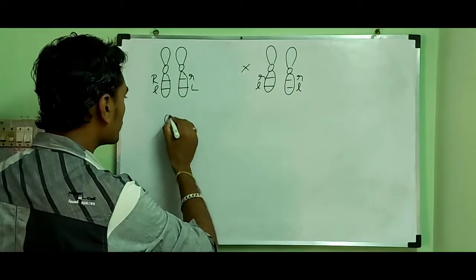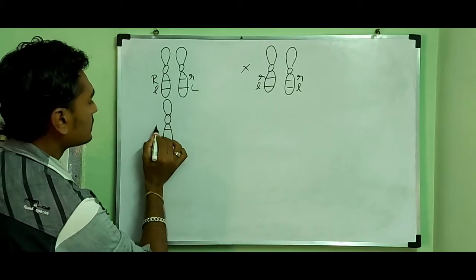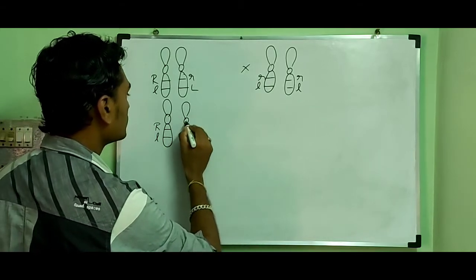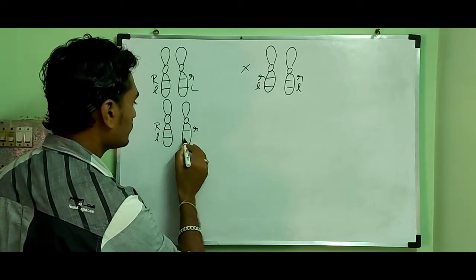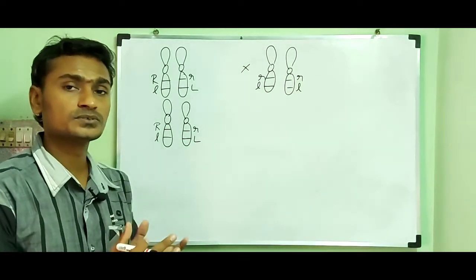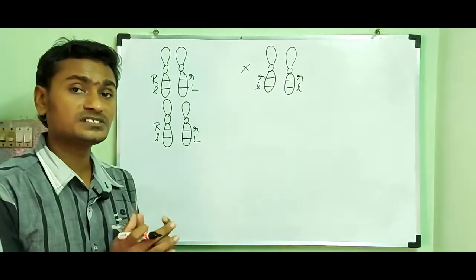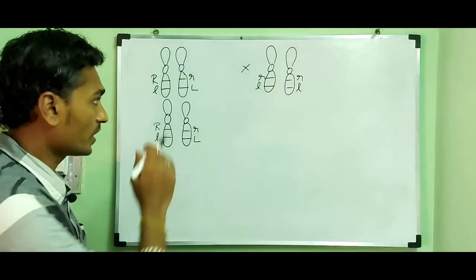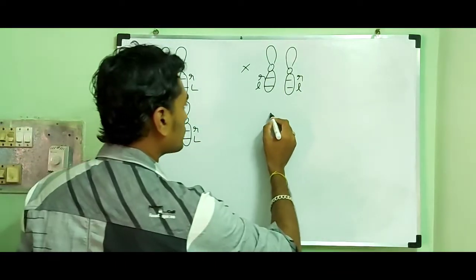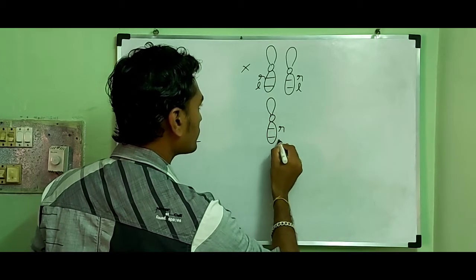So it produces only 2 gametes with capital R, small l and small r, capital L. Due to the absence of crossing over, it produces 2 gametes instead of 4 gametes. In the case of the double recessive parent, it produces a gamete with small r, small l.